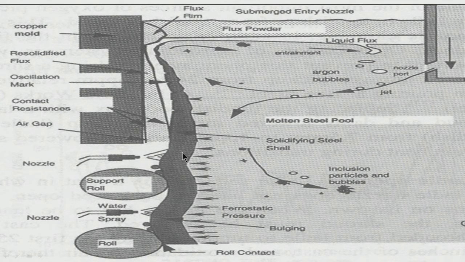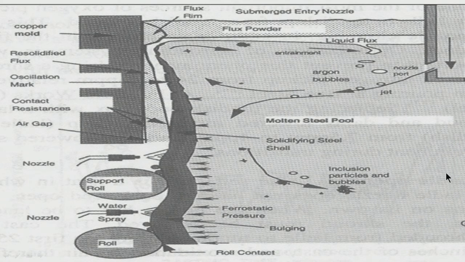At this height, still there is not much solid shell, the thickness is not much. So, there has to be some support. This support is given by the rolls, moving rolls. There are two purposes of the rolls. First is the support, another is it allows the shell to come down. That is also another purpose, because the rolls are moving this way, they are not stationary rolls. So, this gives a downward movement to the shell. So, there is air cooling and there are support rolls.